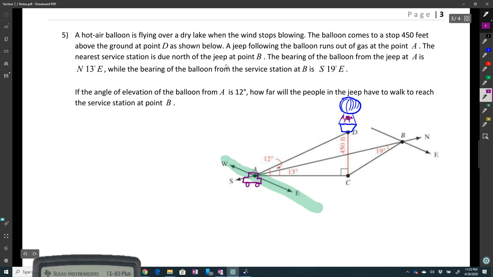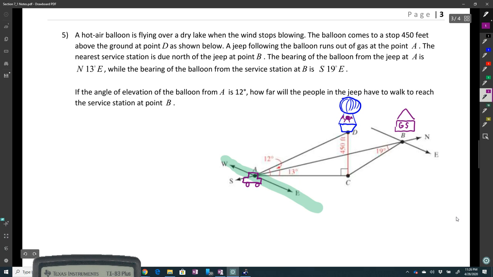And the nearest service station is at point B, which is due north. So it's perfectly parallel. Not parallel, but in line with function. So here is the gas station. How do you draw a gas station? GS for gas station. How about that?